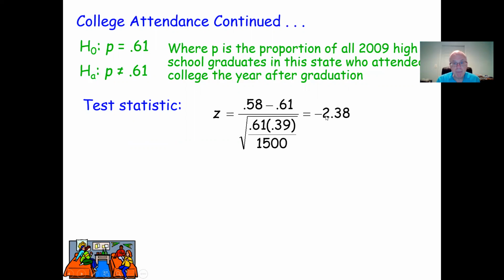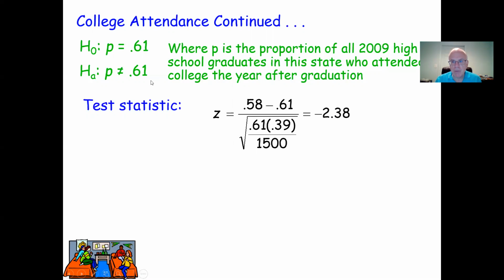All right. Now, because we have a two-tailed test, and because our z is negative, remember a standard normal has a mean of 0, so this is over to the left. We're going to conduct a left tail test, but the left tail area is going to be 1/2 of the p-value.